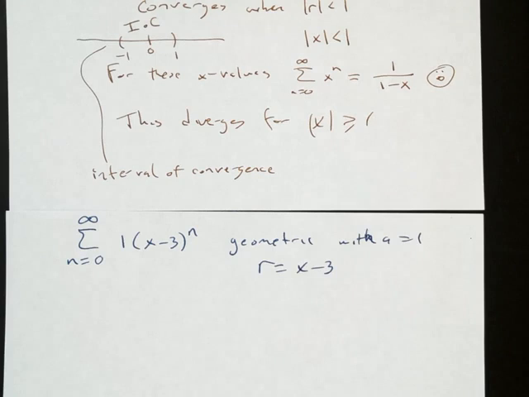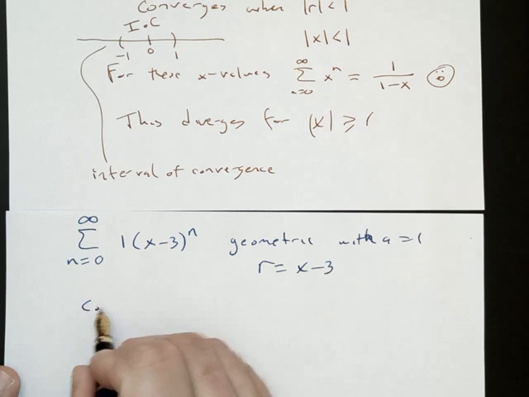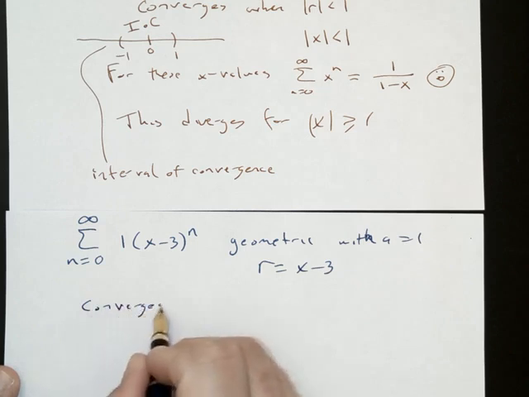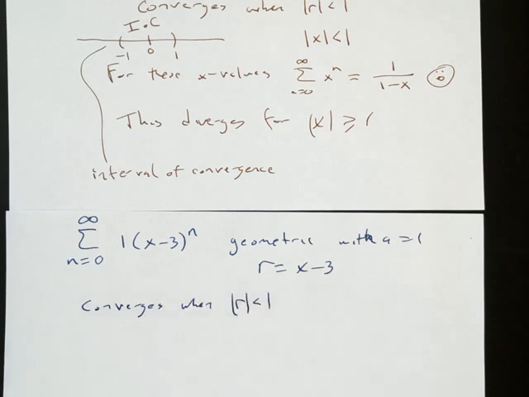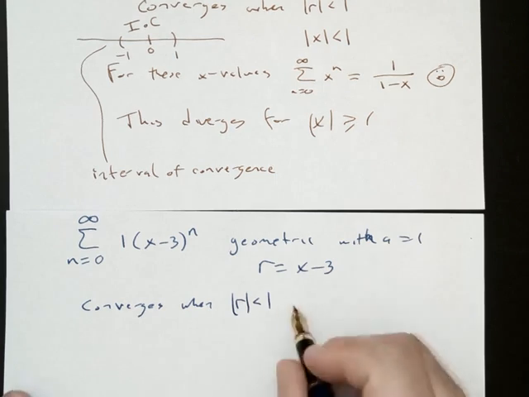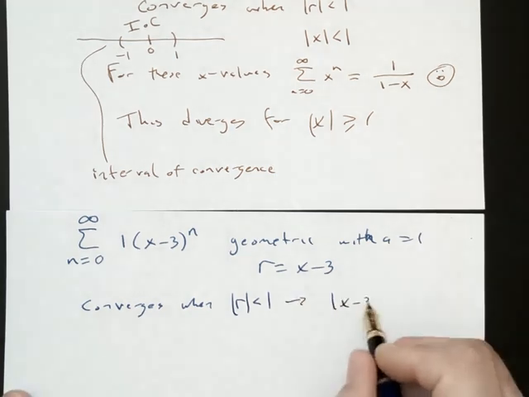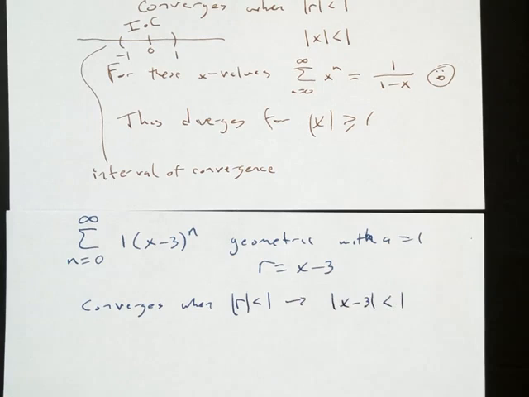Geometric series, it's going to converge when r is less than 1 in absolute value. But I can turn that into an inequality in x, so that's absolute value of x minus 3 less than 1.